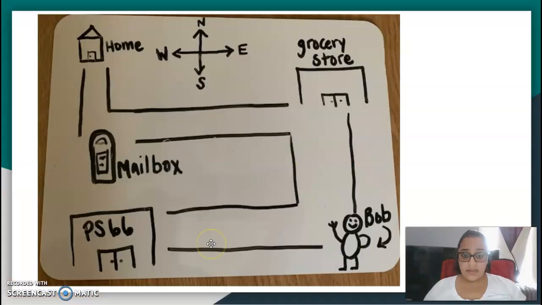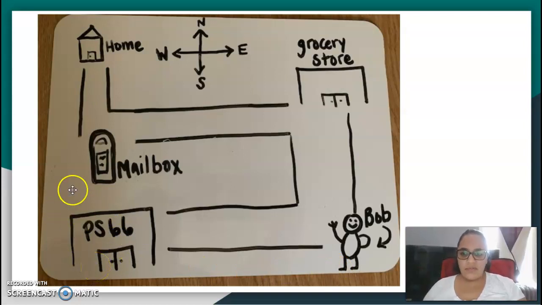So, here is a picture of a map Miss Alvarez made. And as you can see up here, we have our compass rose: north, east, south, and west. Over here we have home. Over here we have a mailbox, a grocery store, Bob, our friend, and PS66 down here.